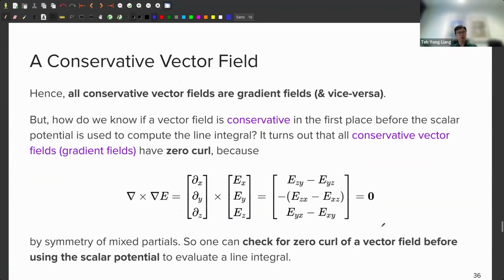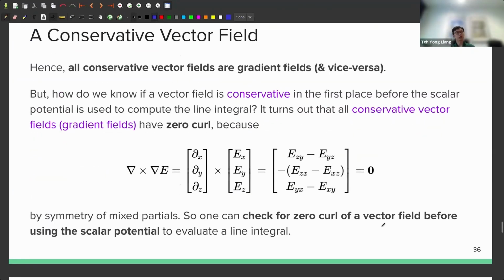Therefore, now we have to ask the question: when is it that a vector field is conservative? Now, all conservative vector fields are gradient fields. Why is that so?